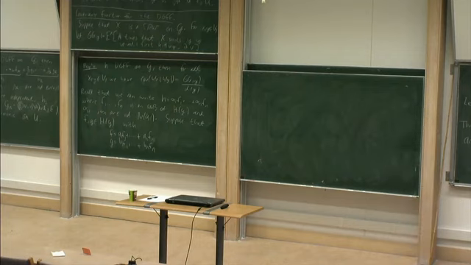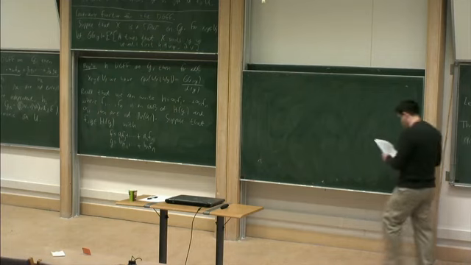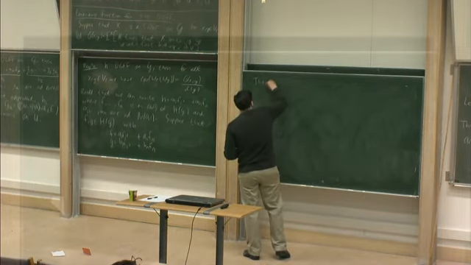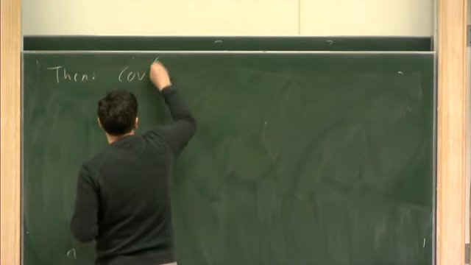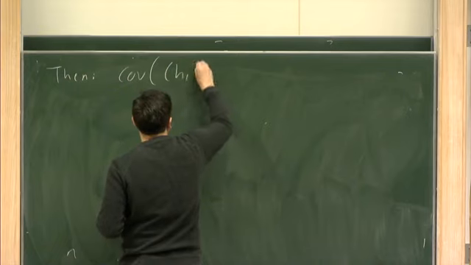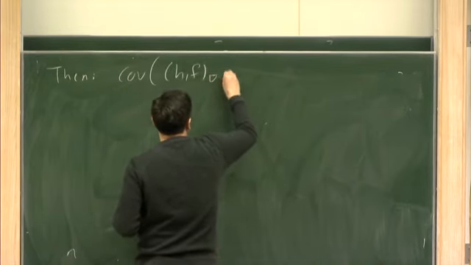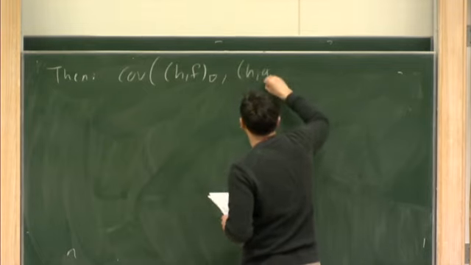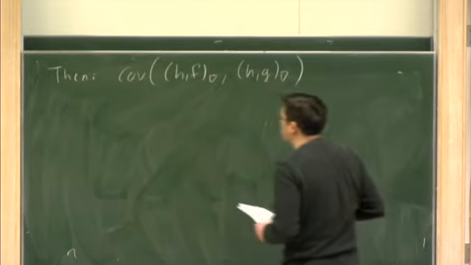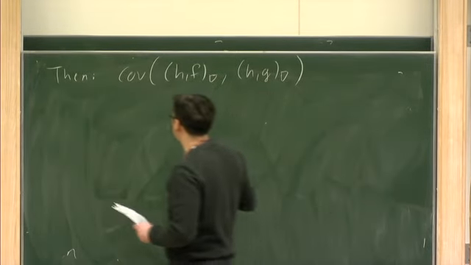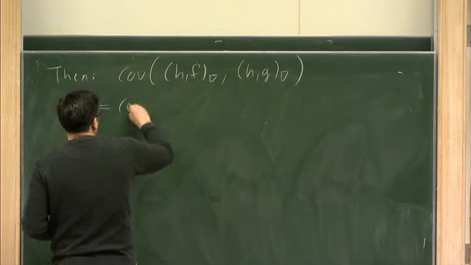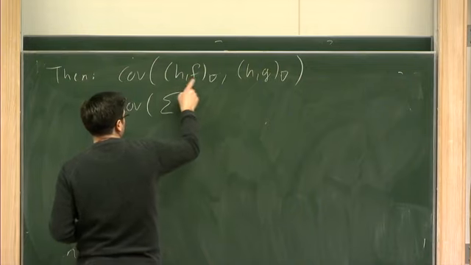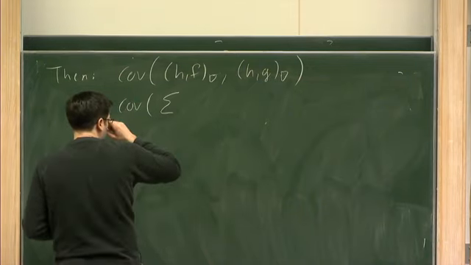All right, so let's do this calculation. We're calculating the covariance of h inner product with f, that random variable, with h inner product with g. So what is this equal to? Let's first calculate these two inner products. This is the sum of the product of the coefficients of these two vectors.